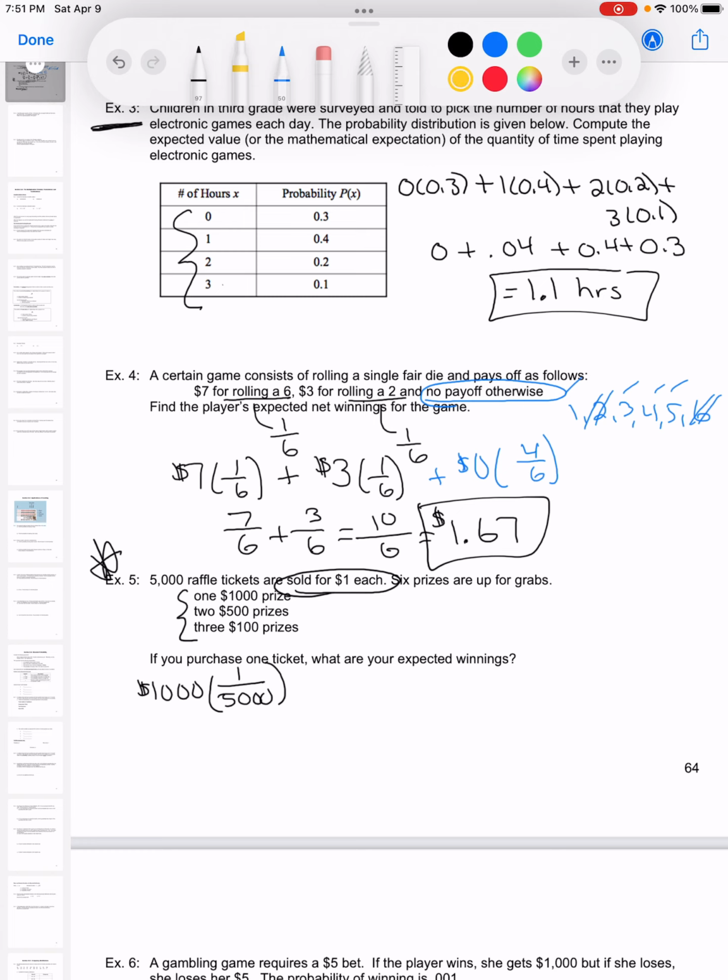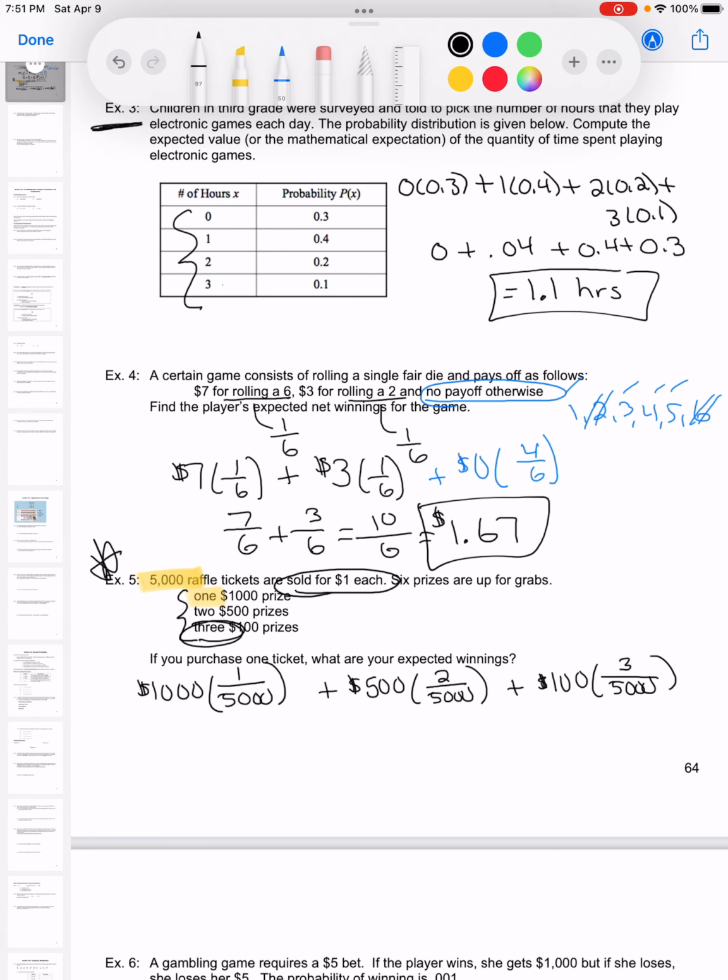That's because there are 5,000 tickets sold and there's only one first place prize. I also could win $500. That probability is 2 over 5,000 because there are 2 of those prizes. And then I also could win $100, and that is 3 over 5,000 because there are 3 of those.